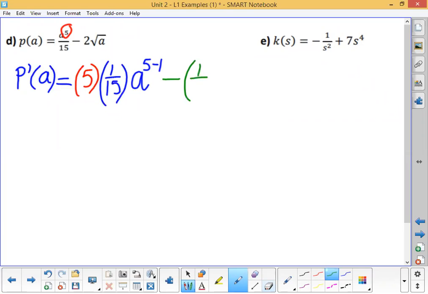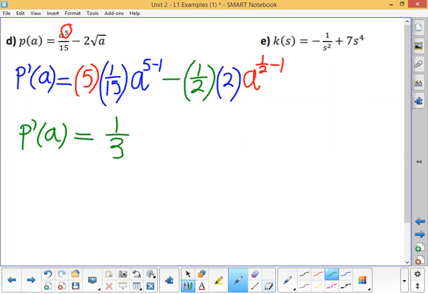So when I bring the 1/2 down and multiply it by the 2 that's already there, I have a to the power of 1/2 minus 1. Now, if that was complicated for you, you know you have to convert it to powers with fractions first. So that leaves p prime of a equal to 1/3 a to the power of 4 minus 1 over root a.